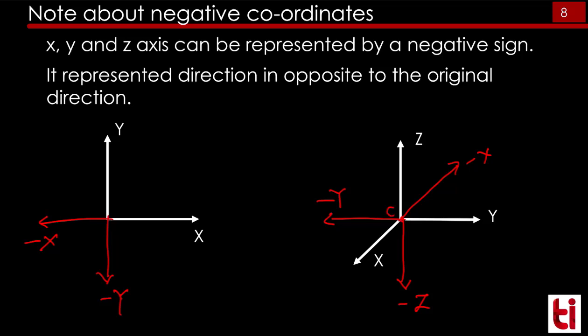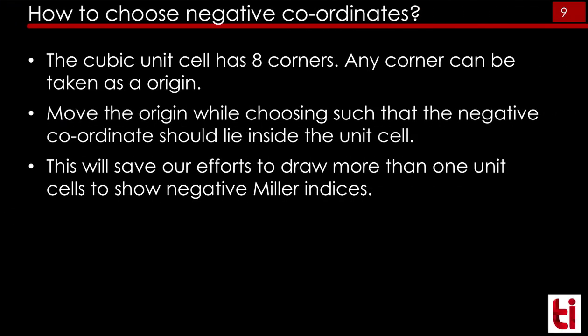We consider this as the origin. The cube or unit cell has 8 corners, and we can take any of them as the origin. So I will draw one unit cell here. This is the unit cell.